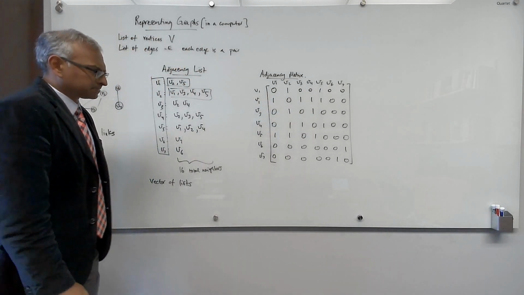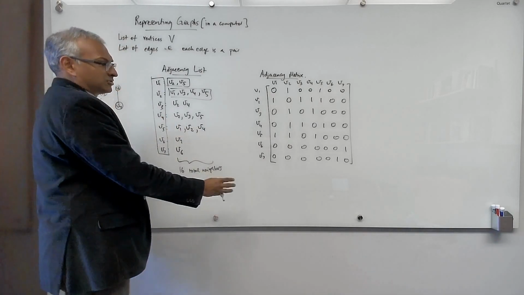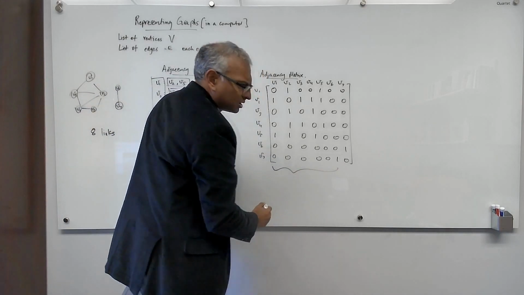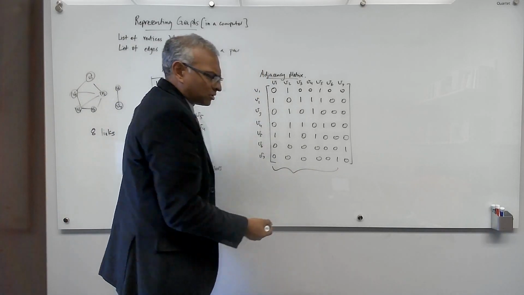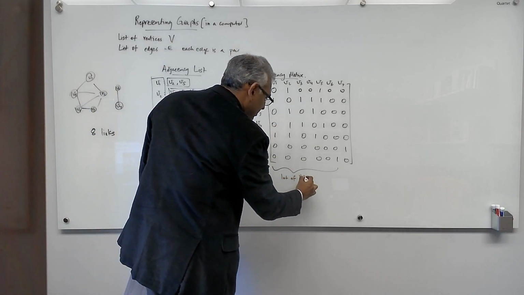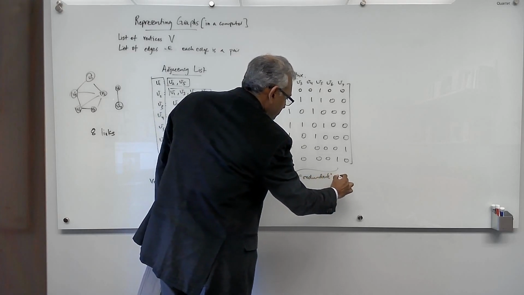Now, if you look here, you see lots of zeros, so lots of redundancy. In practice, there could be a lot of wasted, redundant zeros.